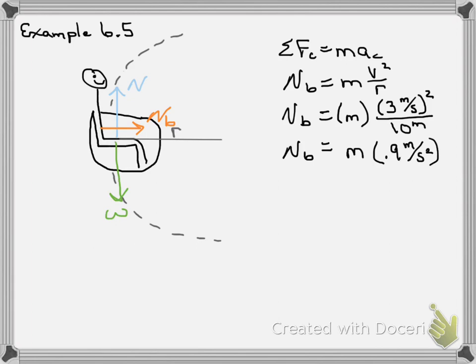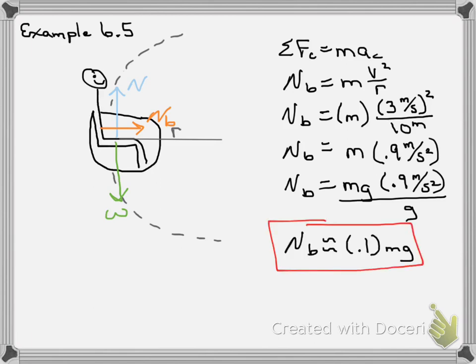In the example, they tell us that the Ferris wheel is rotating at a constant rate such that the person has a speed of 3 meters per second and the radius of the Ferris wheel is 10 meters. So we can put those numbers in. And I'm going to multiply and divide by g here, much like they did in the example, because they found the normal force in terms of its percentage of the person's weight.